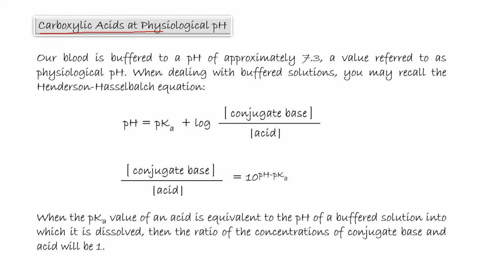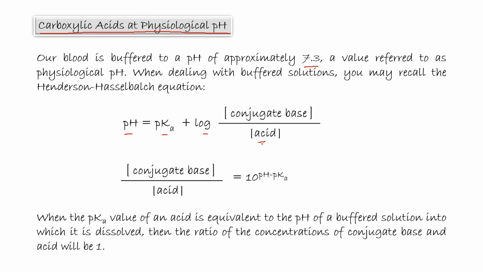Carboxylic acids at physiological pH. Our blood is buffered at pH approximately 7.3, a value referred to as physiological pH. When dealing with buffer solutions, you may recall the Henderson-Hasselbalch equation, pH equals pKa plus log of the concentration of conjugate base over concentration of acid.